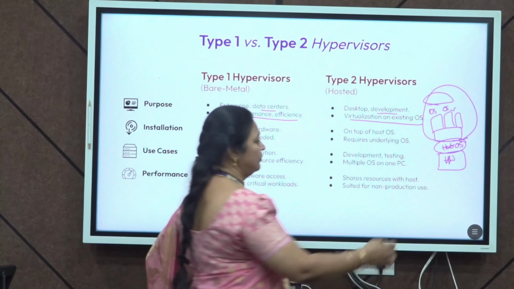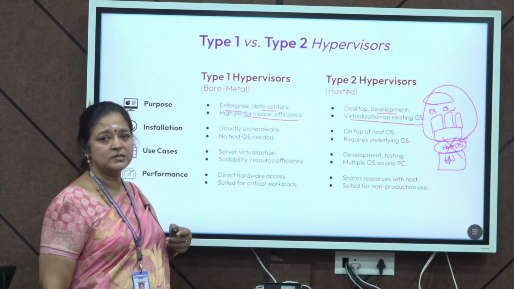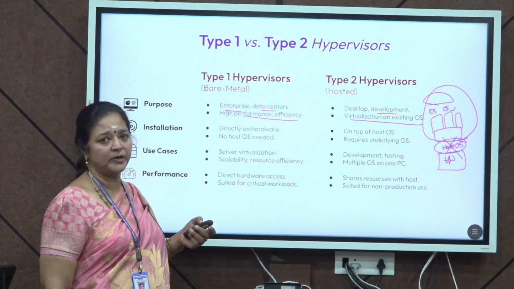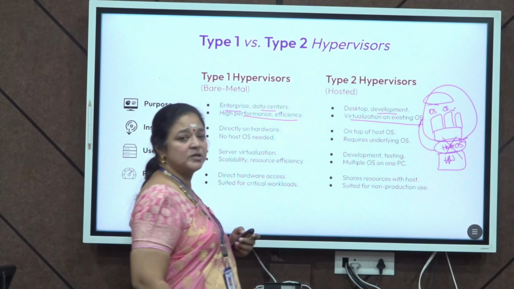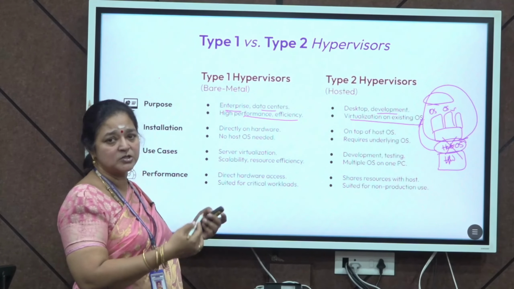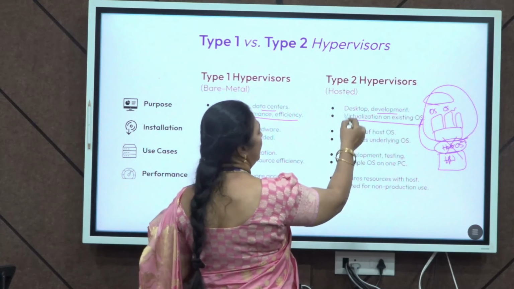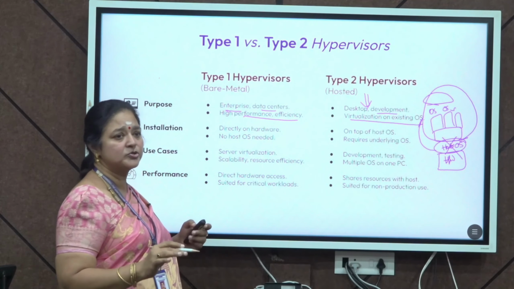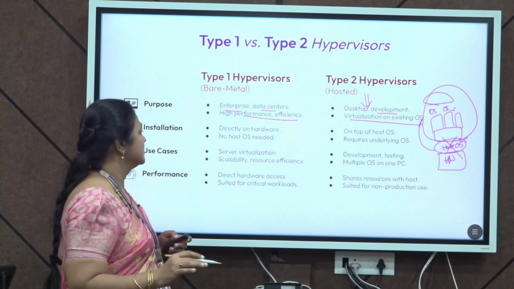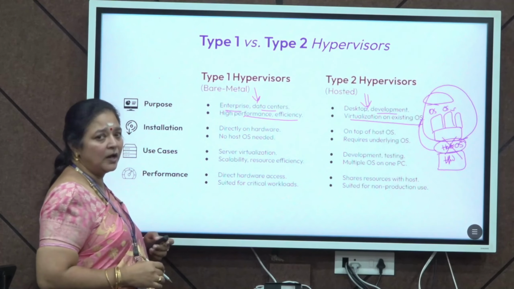If we want to change the existing host operating system, this will affect the performance of virtual machines, the guest operating system, and applications as well. So this type 2 hypervisor is not used in very big enterprises. Only type 1 hypervisors will be used in very large scale industries.